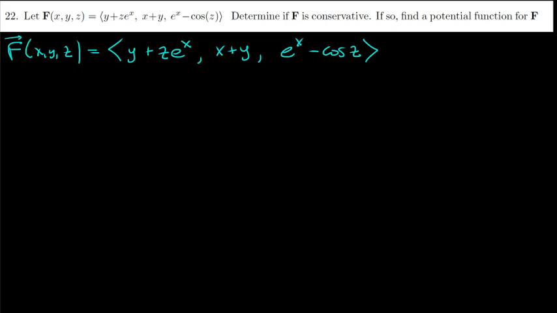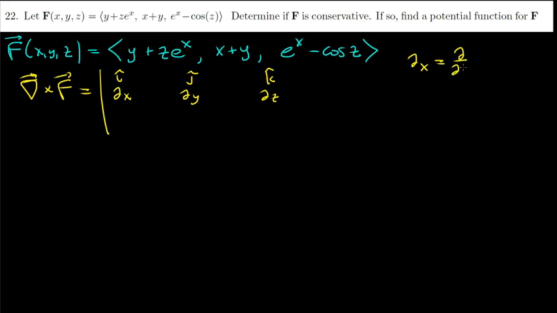All right, so 22. Essentially the same question, but with a different vector field. So here, this is the vector field F, and it has the usual three components, so it's a vector field in space, and we want to know, is it conservative? So, as always, just take the curl. Right. So, i, j, and k, and then the second row are just the partial derivative symbols. And by the way, when you see this, if that looks confusing, it just means this.